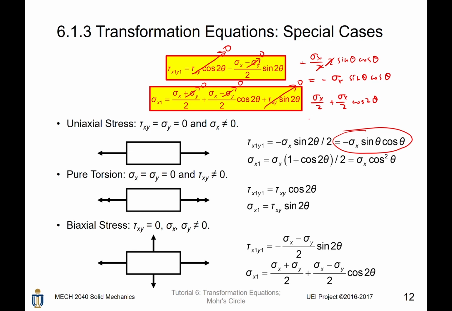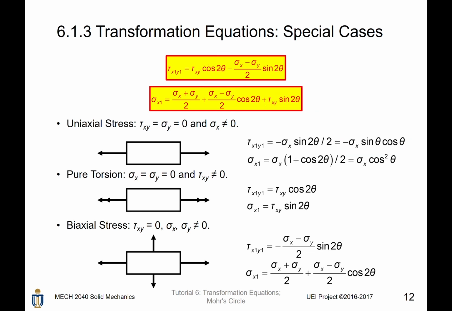But this 2 is cancelled by the denominator. Therefore, what's left is just sigma x cosine squared theta. So those two formulas are exactly comparable to the conclusion we drew in the previous chapter when we were talking about the stresses on an inclined plane.